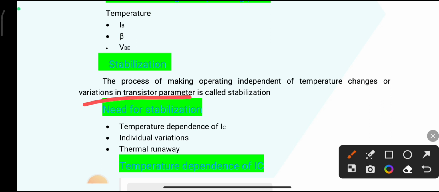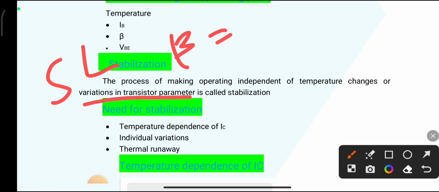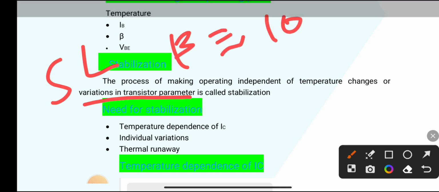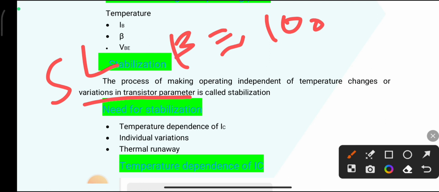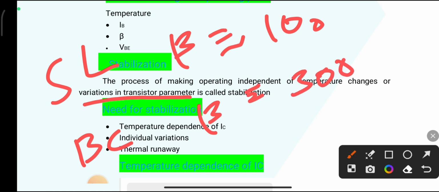We know transistors come from various companies. For example, for the SL100, beta is nearly 100. For the BC547, beta is nearly 300 and above.